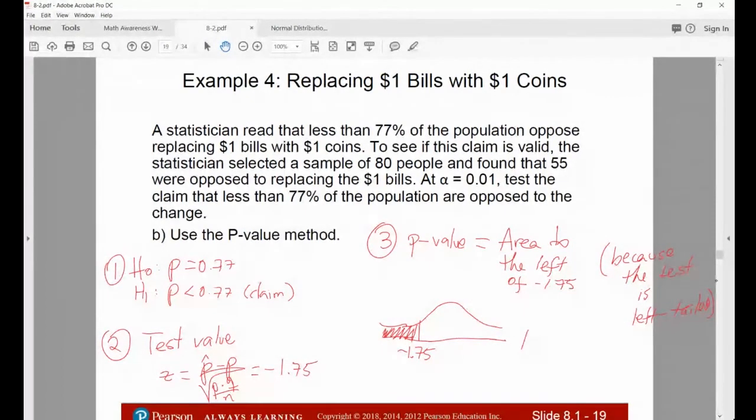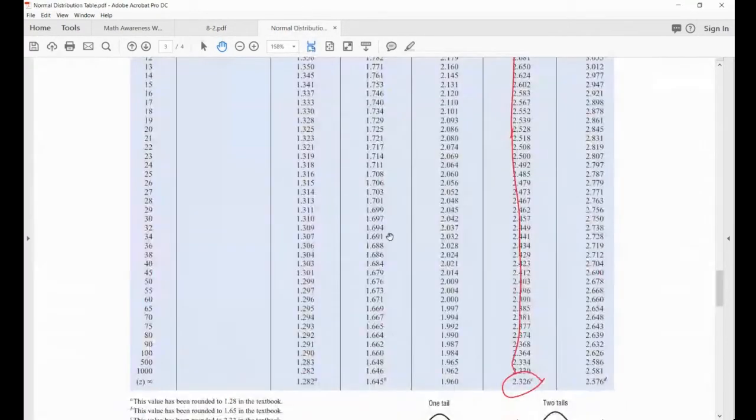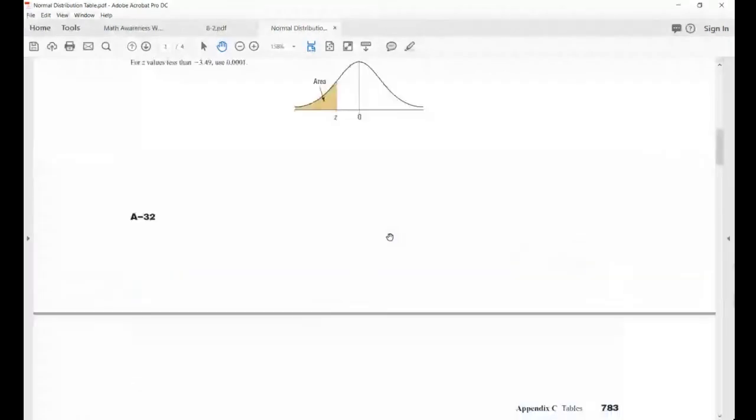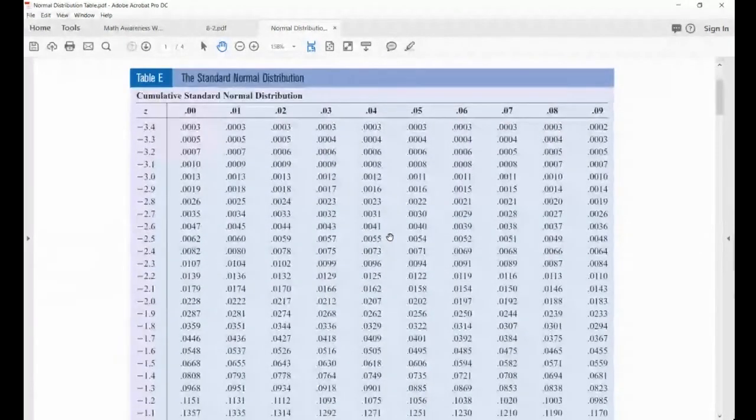So we can use table E, because with table E, we can find areas to the left or to the right of z-scores. So table E, the z-score is negative 1.75.